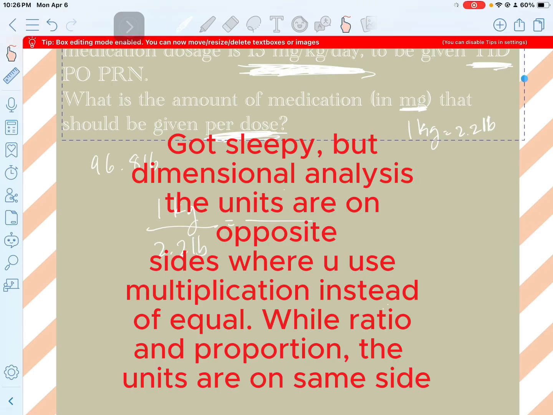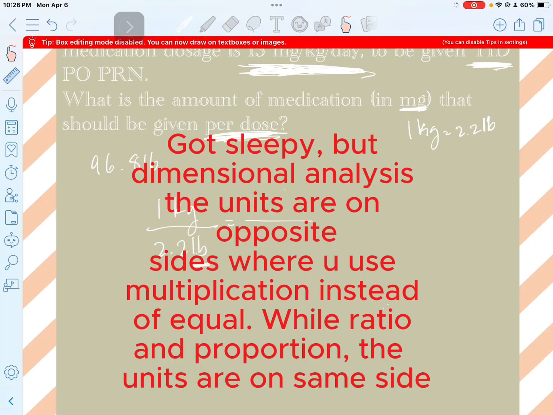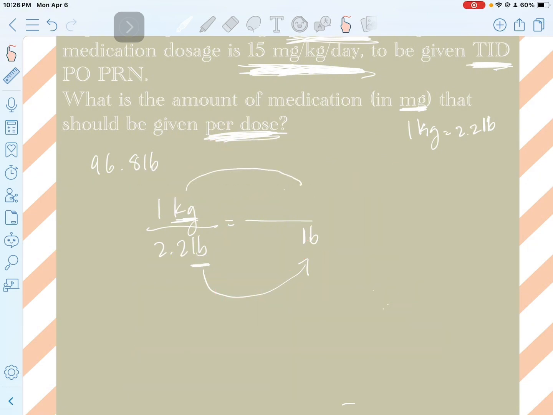Because they're like that, pounds is going to be at the bottom, and on the other side as well, we just know that pounds is going to be at the bottom. On the top, the numerator, is kilograms. So what's going to be on the other side? It's also going to be kilograms in the numerator. So what are the numbers?